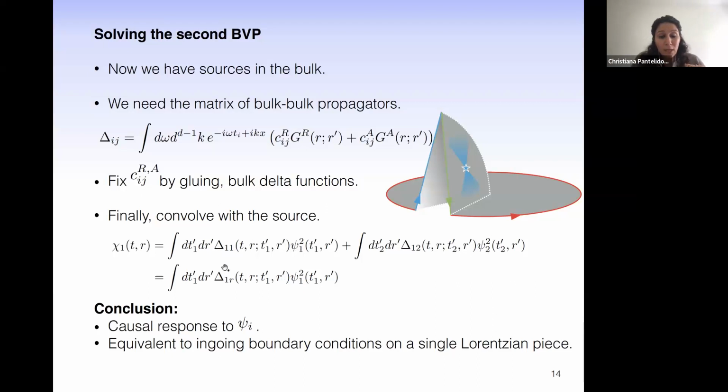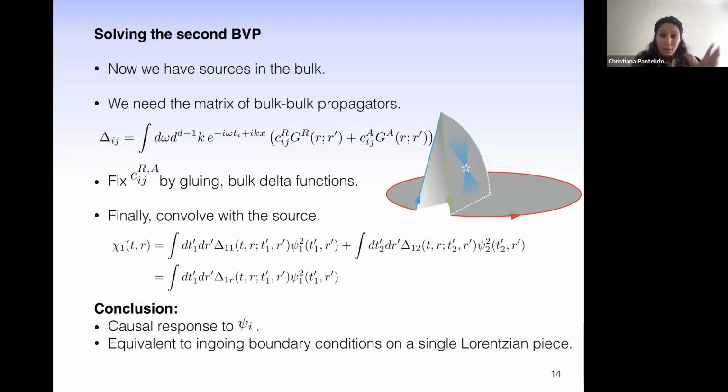And what's left is delta 1r. If we plug in the precise expressions for these unknown constants, we get that delta 1r only depends on gr. So once again, we see exactly the same as what we saw before. We have a causal response to psi I. So information only propagates in the future. And psi Euclidean is trivially 0.